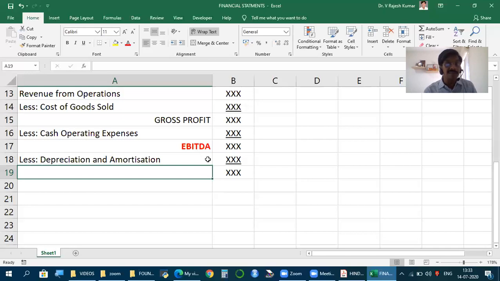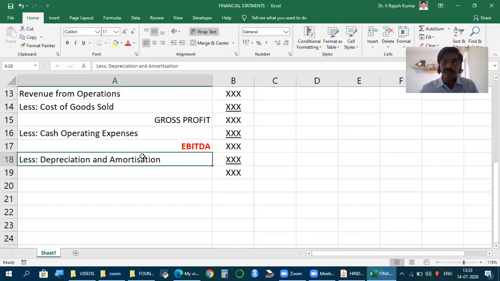Since it's a policy matter, there are possibilities that this item can have an influence on your profits. So if I keep aside more, my profits will be less. If I keep aside less, my profits will be more. Which means the final profit depends on, among other factors, depreciation policy.